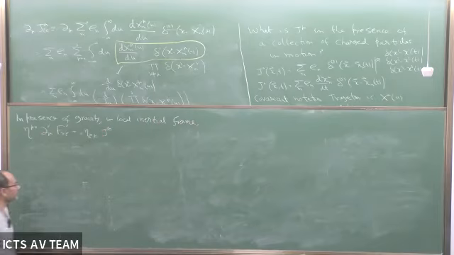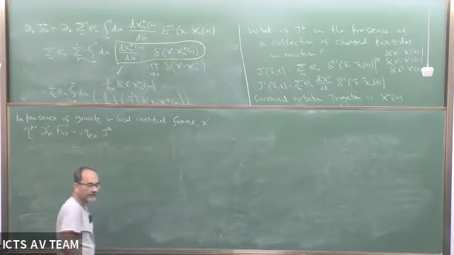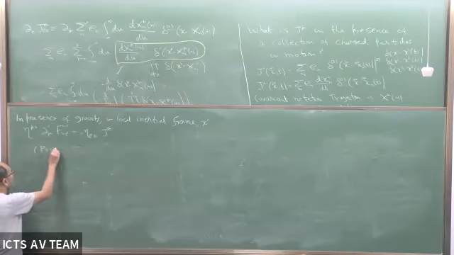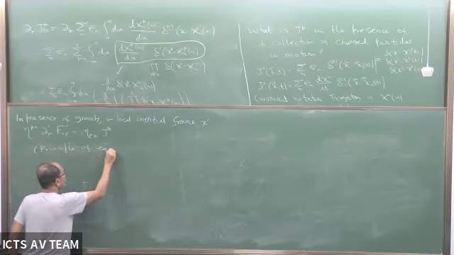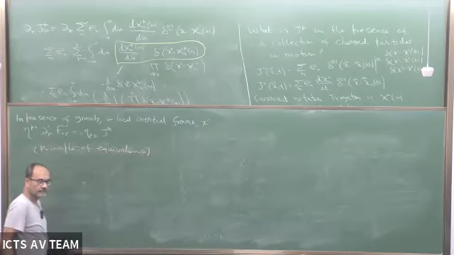Local inertial frame is what we call the X prime coordinate system, where the metric is eta mu nu and the derivatives are all 0. The first derivative is 0. This is the principle of equivalence, because the principle of equivalence says that in a local inertial frame, the equation should look the same.